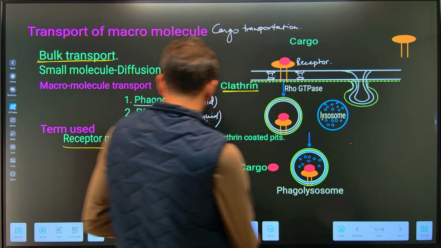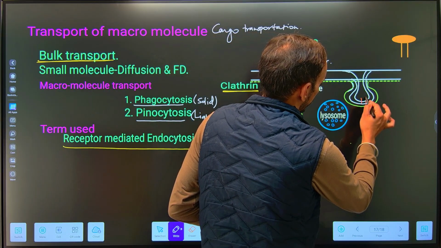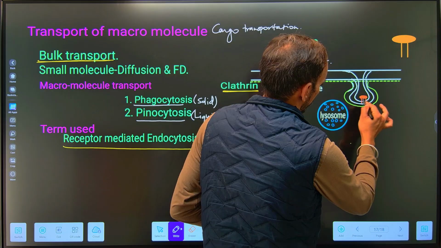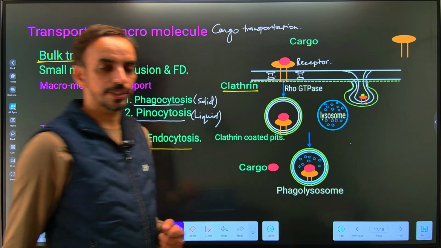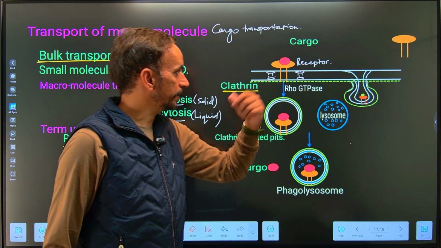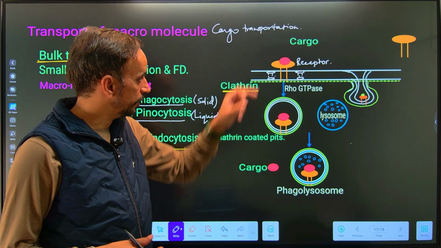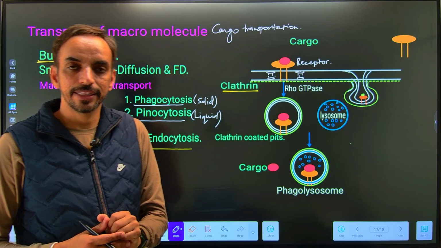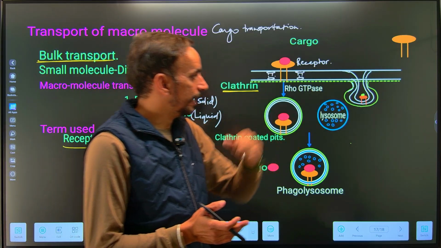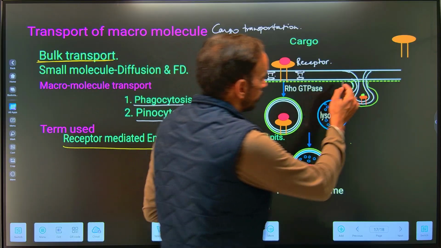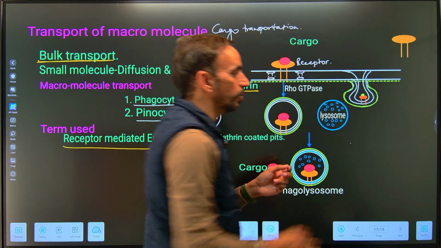It has the receptor along with a cargo molecule. This type of structure will form first after the binding of the cargo. There is a conformational change in the receptor, which causes a conformational change in the clathrin protein. It will form a pit-like structure. Now this clathrin coated pit has a coating of clathrin, that's why it is called the clathrin coated pit.